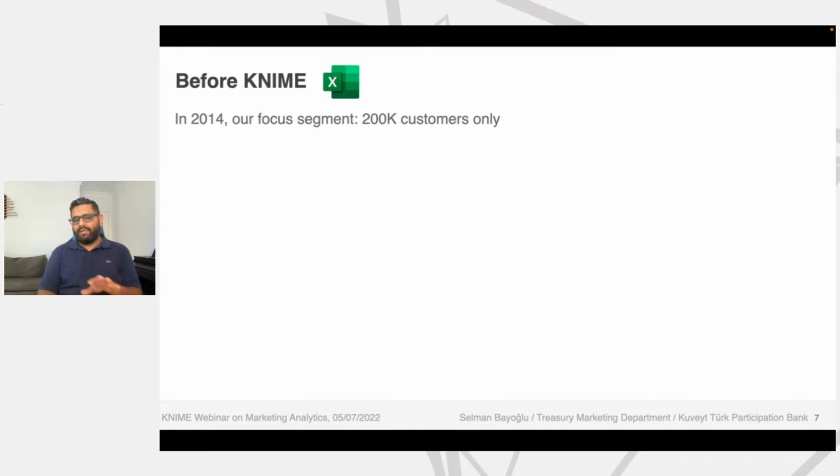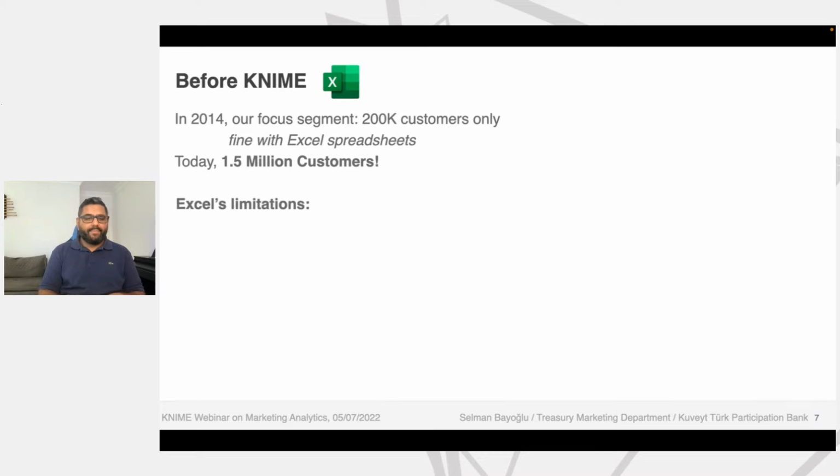This is not the whole customer base of Kuveyt Turk, just our focus, which is treasury customers. And it was fine with Excel spreadsheets. But today, this group of customers has climbed up to 1.5 million. So it's a huge number, isn't it?